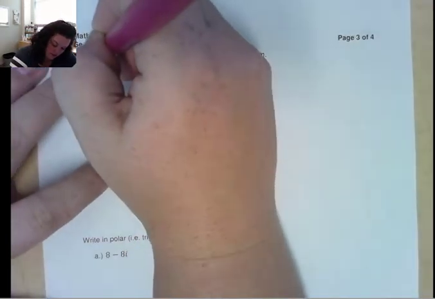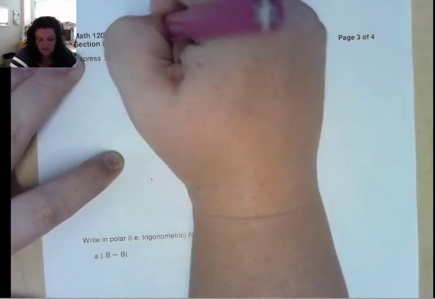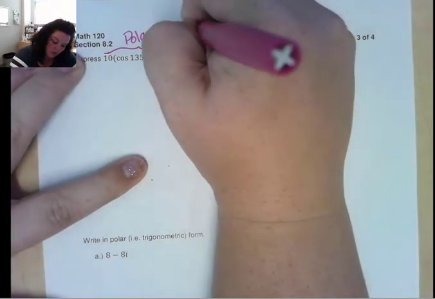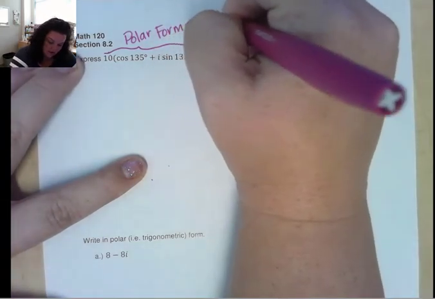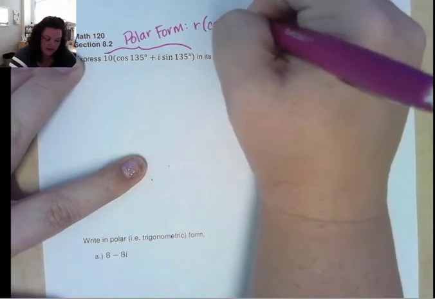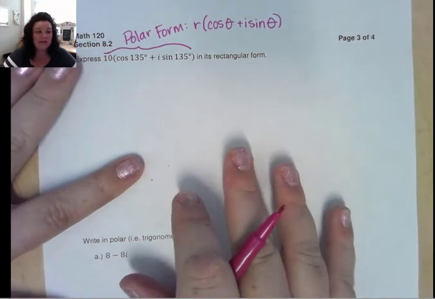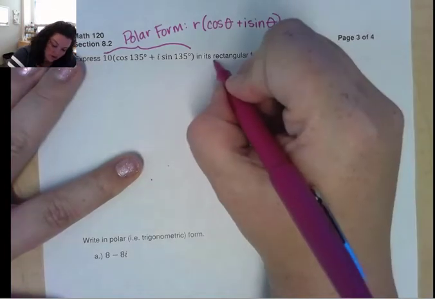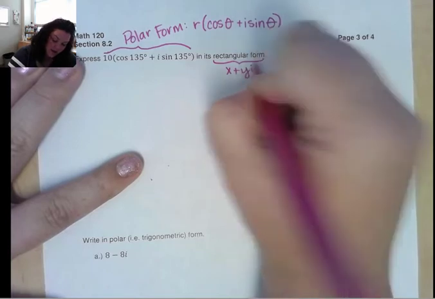Polar form was r, remember they factored it out, r times cosine theta plus i sine theta. That's what it's currently in, and we want to take it back to rectangular form. Remember, rectangular form looks like x plus yi.